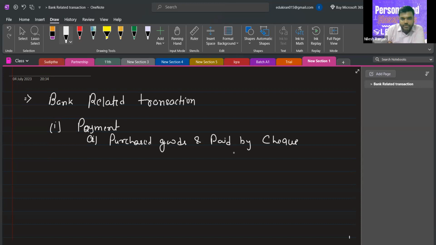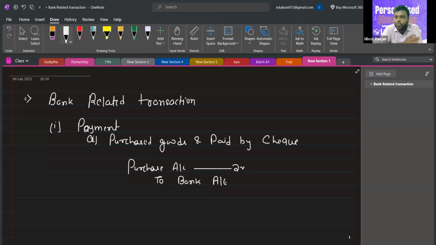So the journal entry will be purchase account debit to bank account, because money will be going from our bank account. That's why we have written to bank.